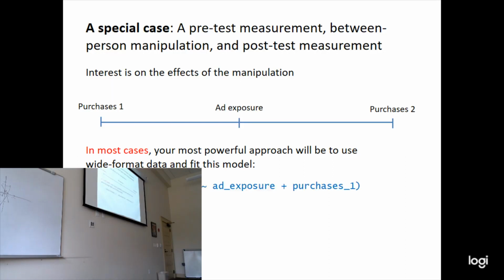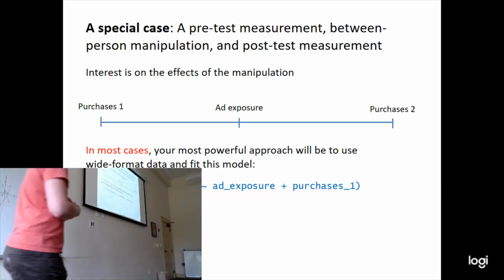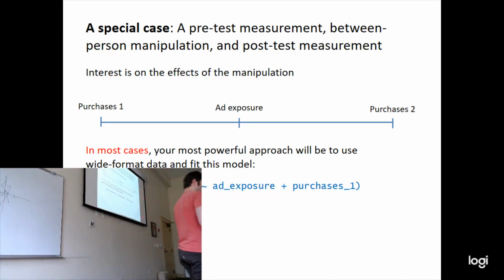It turns out that in most cases, the model that's going to give you the best statistical power, best conclusion, is one where you're using a wide data set and you use the pre-manipulation purchasing behavior as a covariate. I'm not going to get into why, because this is kind of a special limited case.